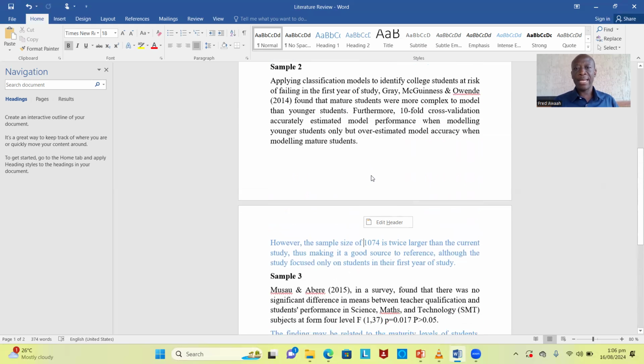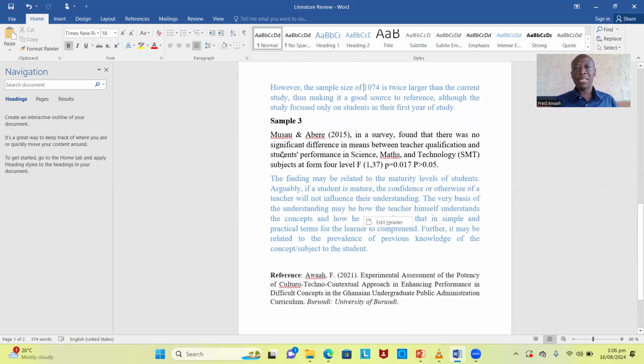Then again, the third sample says, Masao and Abere 2015 in a survey found that there was no significant difference in means between teacher qualification and student performance in science, maths, and technology. Again, our author came down to give it a review. The findings may be related to the maturity level of students.